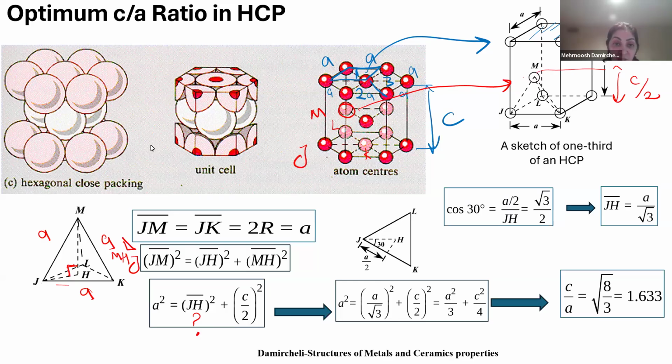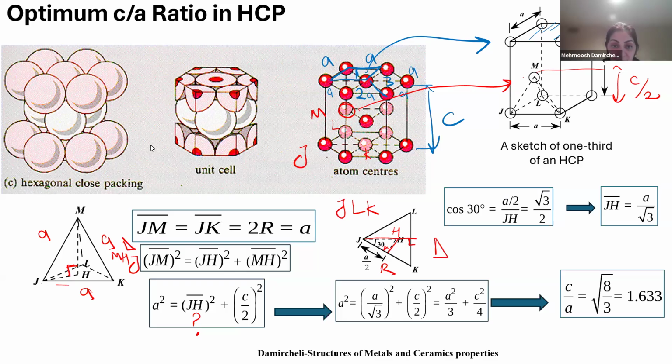Now look at the cross-section area, the triangle JLK. In this triangle we have another right-angle triangle. I name this point R, for example.